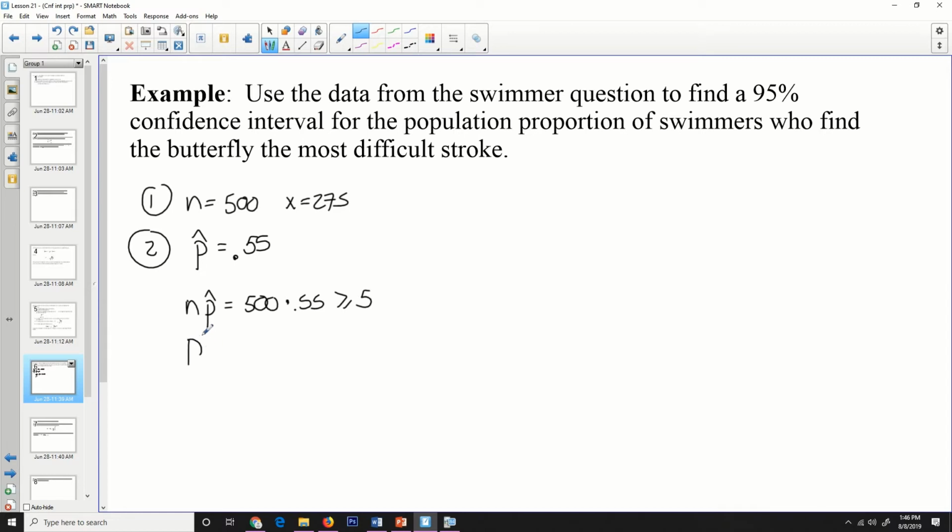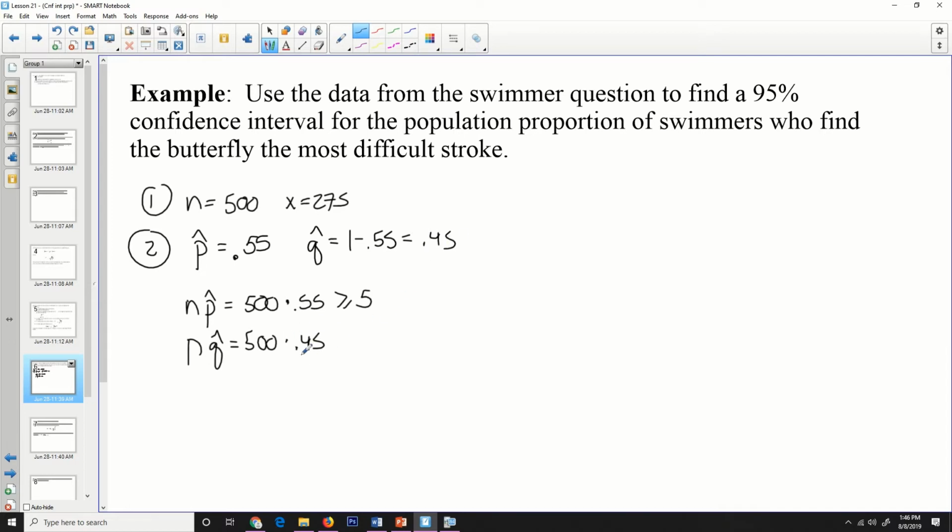And n q hat would be 500 times 0.45. Remember, if p hat is 0.55, then q hat is 1 minus 0.55, which is 0.45.